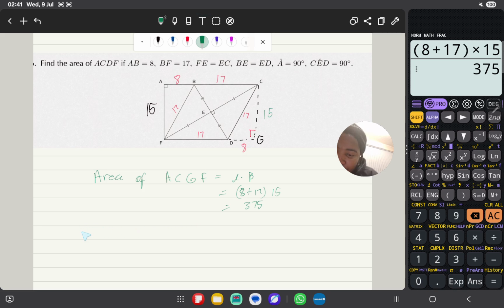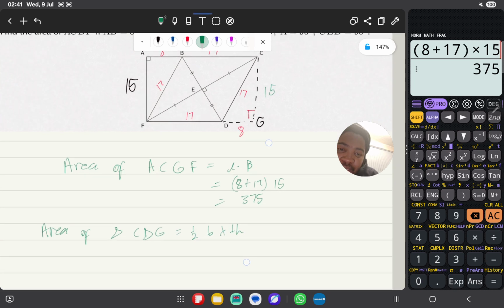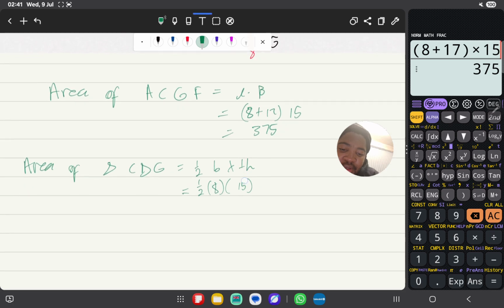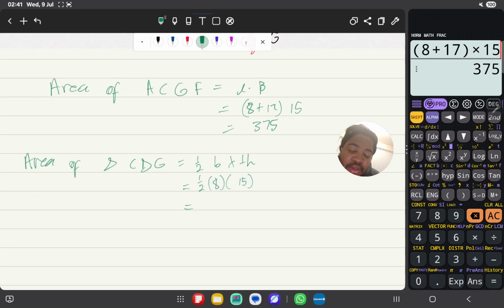Then you find the area of triangle CDG, which is half base times perpendicular height. So that's going to be 1/2 multiplied by 8 multiplied by 15, which is 0.5 times 8 times 15, 60.